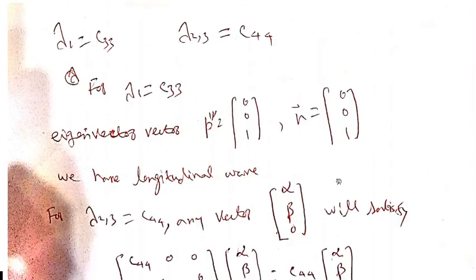The speed for the longitudinal wave is the square root of C33 over rho, where rho is the density of the given material. These are known, and C33 is also known.